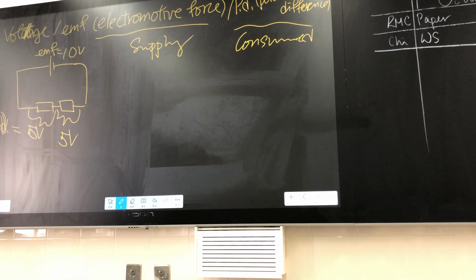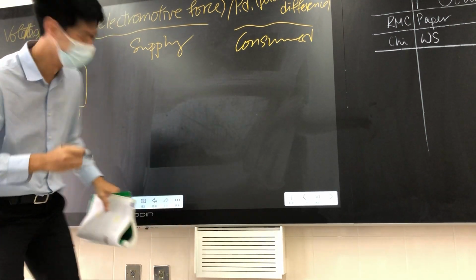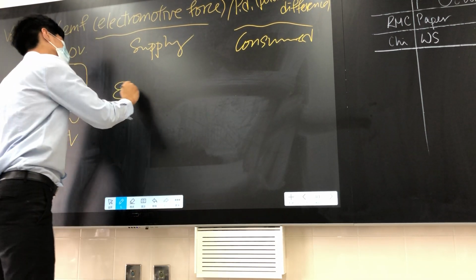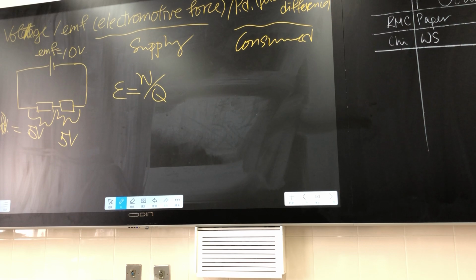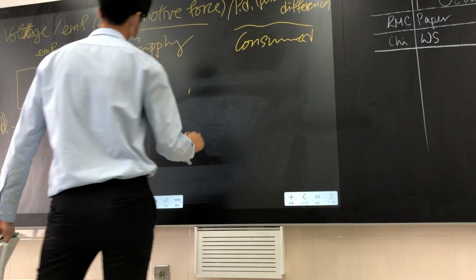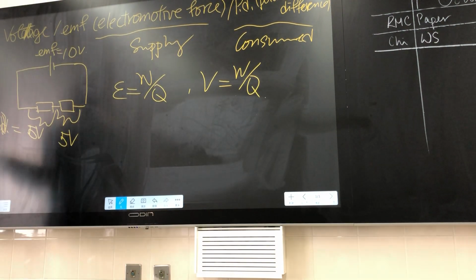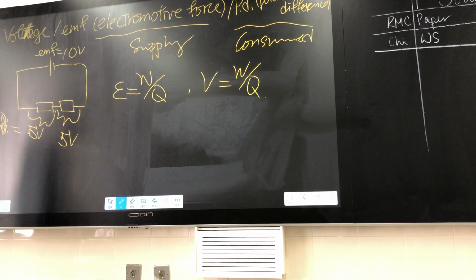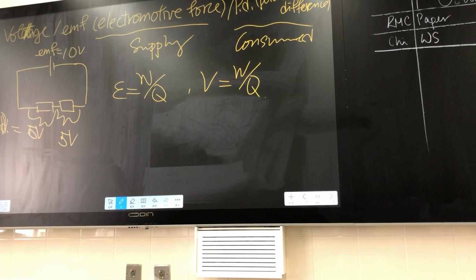Okay? So now I will tell you the physical meanings of voltage. So what is voltage? There are two equations, right? So two equations in your book. So one is E equals to W over Q. So the second equation is V equals to W over Q. So what is the difference between these two equations?